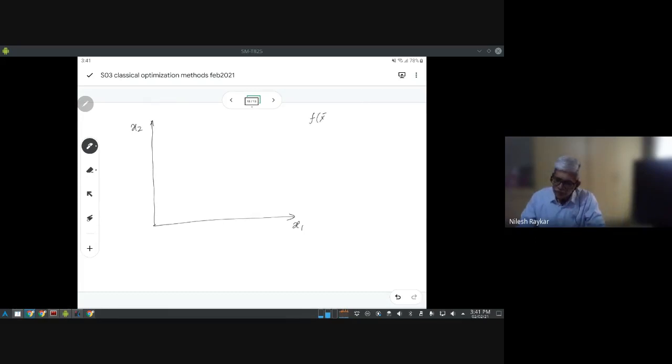Our function is x1 plus, so this is our objective function which we are trying to minimize. So this variation of this function is as shown here. So the point we located is 1000, 4.